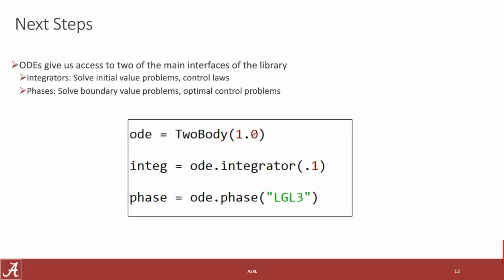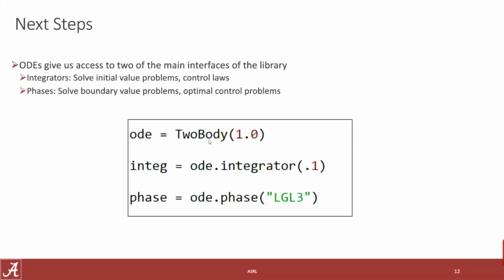The other thing that will spawn off of these ODE classes are phases. Phases are how you interface with ASSET's optimal control problems. So if you need to optimize some problem, or you have states that you need to optimize, you'll spawn a phase off of these ODEs.